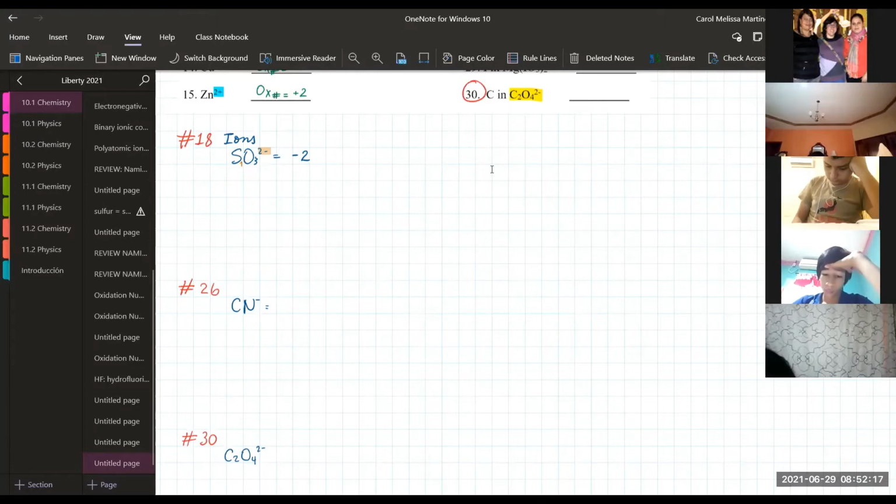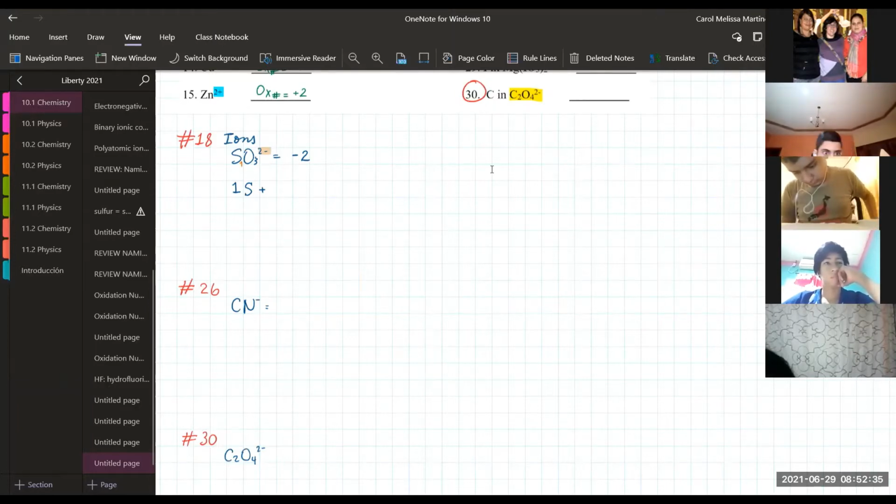So the composition of this ion is 1 sulfur plus how many oxygens? 3 oxygens, equalized to negative 2.